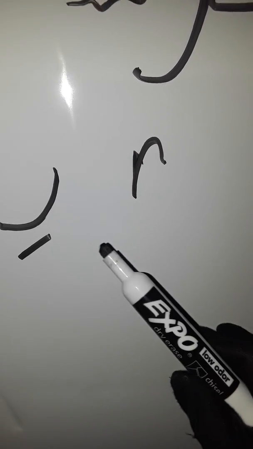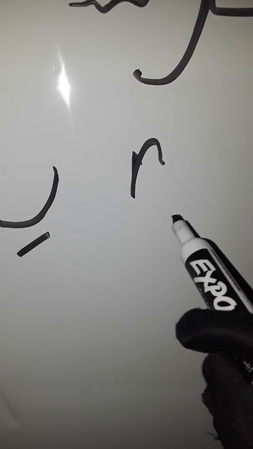Main difference between English R and Arabic Ra is that in English we use the R just like we use a part of the tongue. We do not use the tip of the tongue. In Arabic, you use the part of the tongue and you use the tip of your tongue.